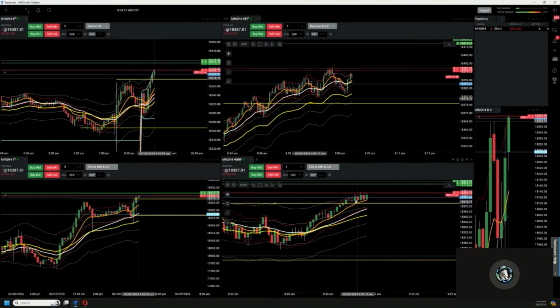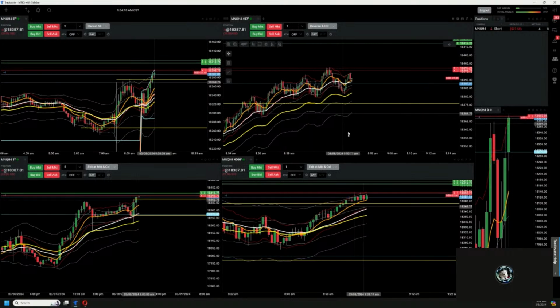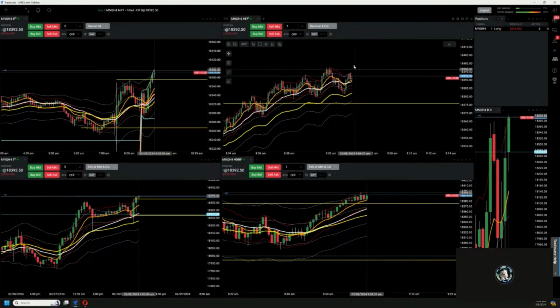The level's holding on chart 4. Order filled.